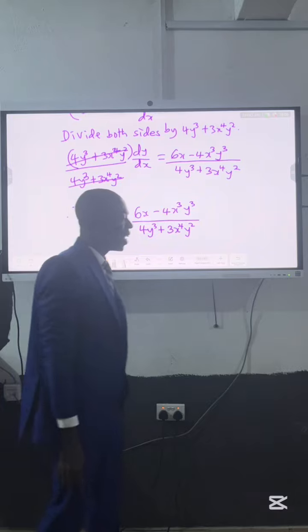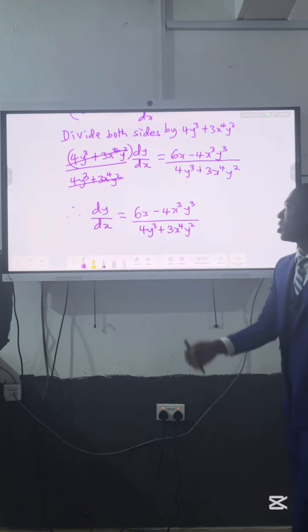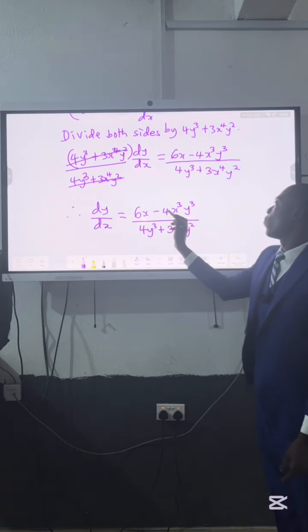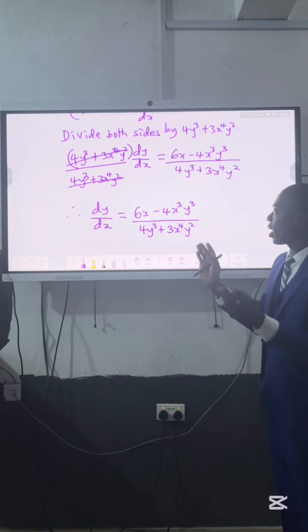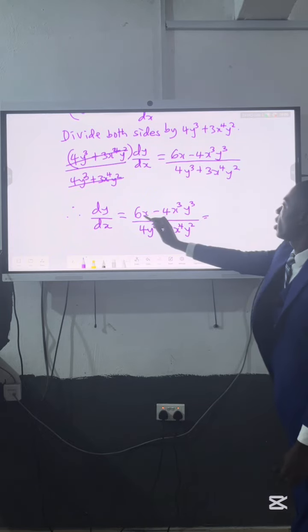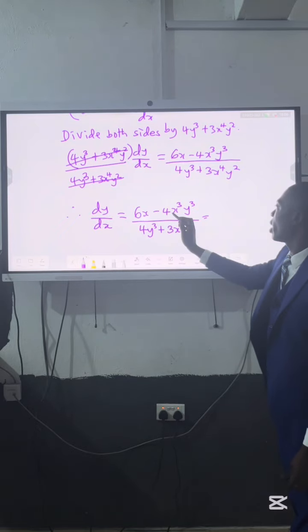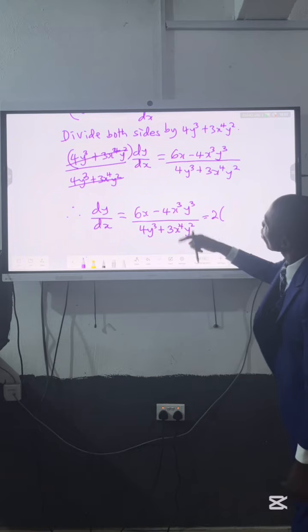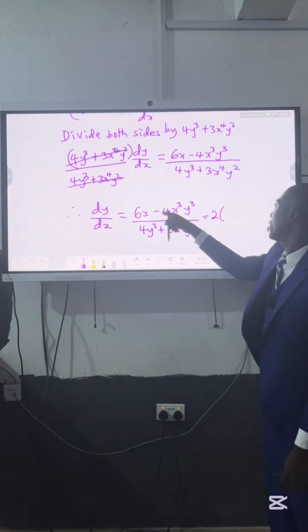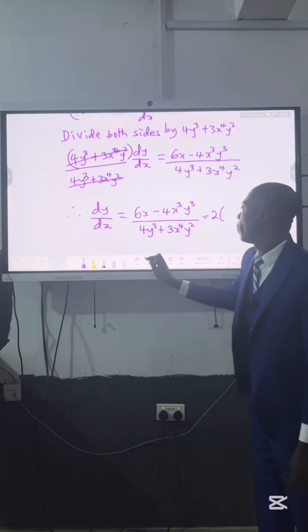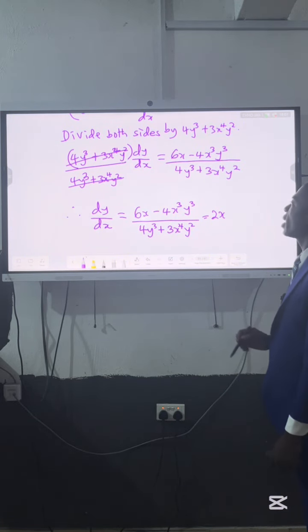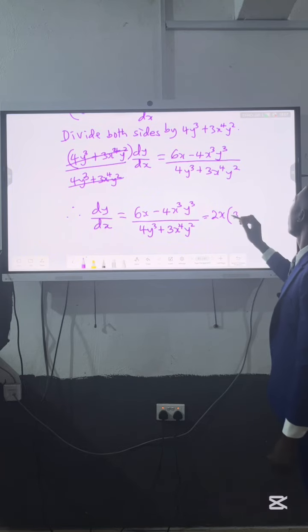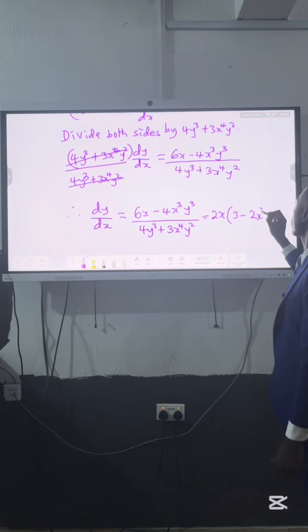So you can leave the answer like this, or if you want to still simplify it, 6 and 4, they have 2 in common. You can now factorize 2. What I mean is this. You can say there is 2 inside 6 and 2 inside 4 actually. So 2 into, in fact there is x also. If you check carefully, there is x inside x cubed. So you have something like 2x into 3 and then minus 2x squared this time, y cubed, all over.